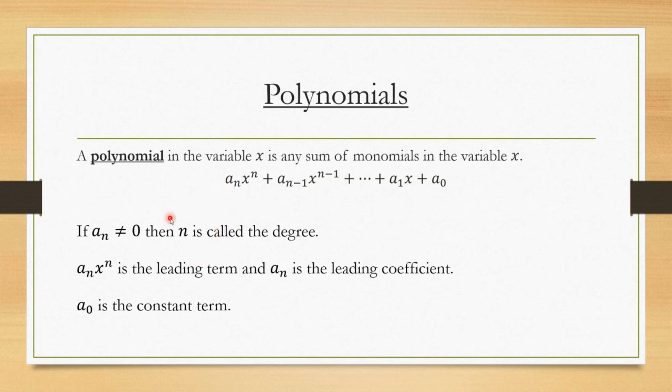The first thing here is that the largest exponent of x is called the degree of the polynomial. That's just the degree by definition. I know it says if a sub n is not 0, they're just being technical here, because if a coefficient were 0, we wouldn't write the term.